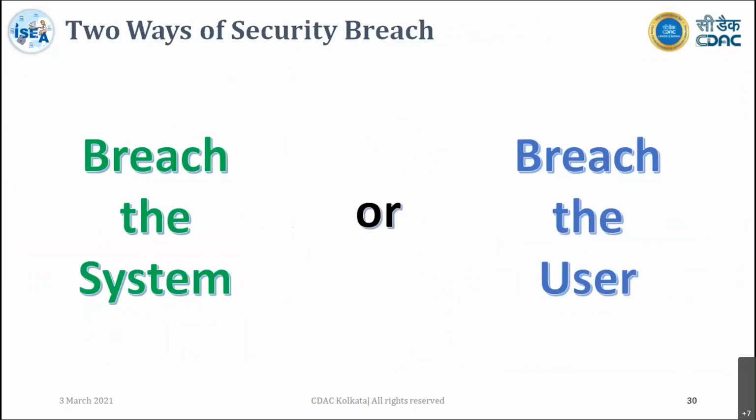Now coming to the security breach. Effectively, security breach can happen by two different approaches. One is obviously breaching the system, which is relatively harder. Number two, breaching the user. You have to understand the fundamental, other than the technical part of it, how phishing is different from hacking.